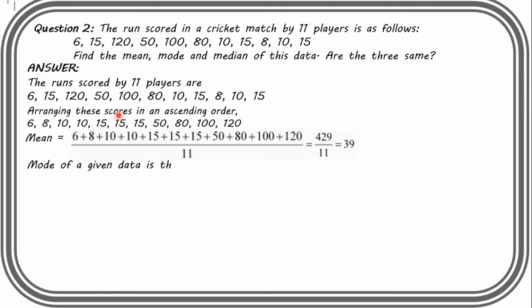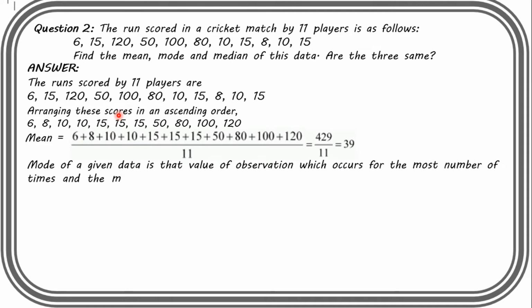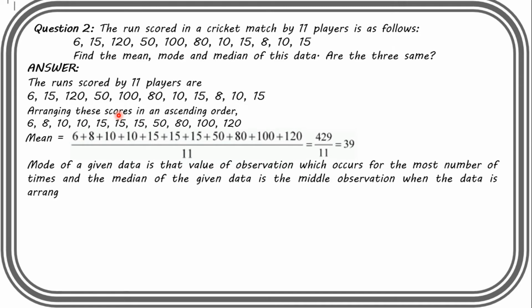The mode of a given data is that value of observation which occurs the most number of times, and the median of the given data is the middle observation when the data is arranged in ascending or descending order.